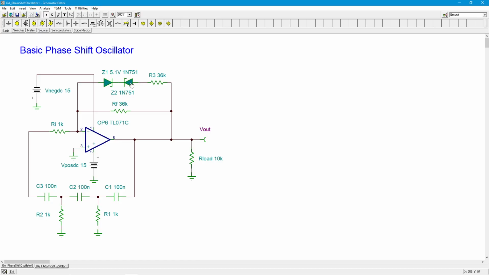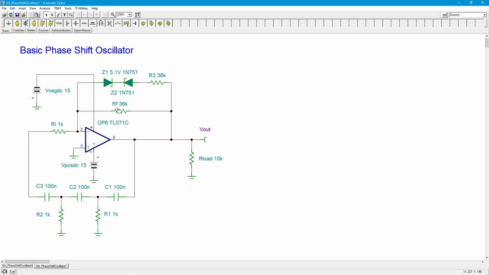But in Zener conduction, a Zener diode can actually be hauling a fair amount of current. So what that winds up doing is it places whatever this effective Zener impedance plus this other resistor over here, which I'm calling R3, in parallel with RF. What does that do? That lowers the effective value of RF.